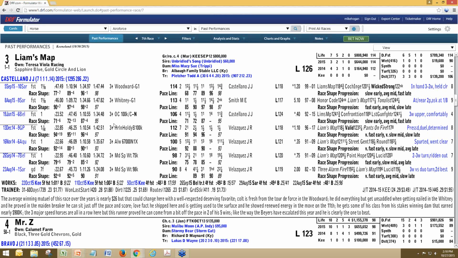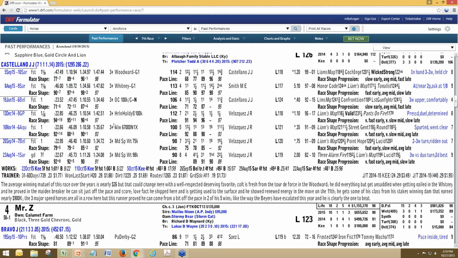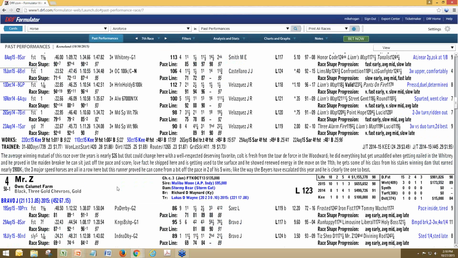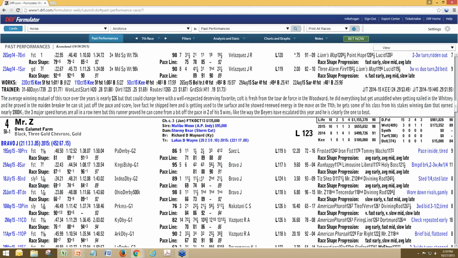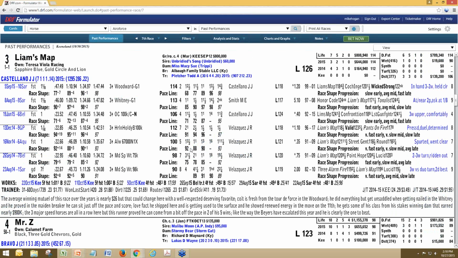I see. All right. It's funny you say that, because I was almost trying to make a case that Mr. Z with Joe Bravo aboard tries to get the early lead just to his outside. But you're right. Aside from maybe the Preakness where he didn't even get the lead, Mr. Z's pace figures early, at least, don't match what Liam's Map has been capable of in the past.